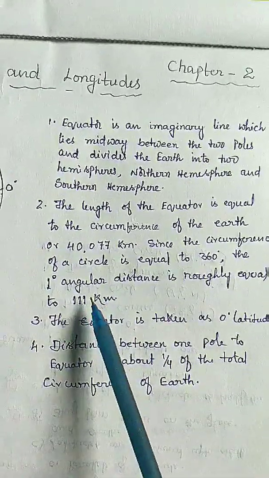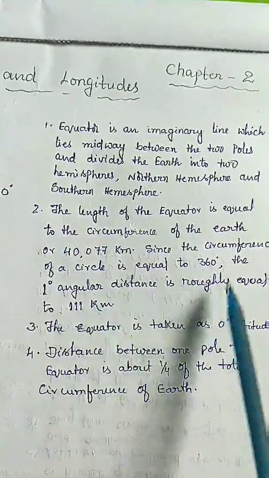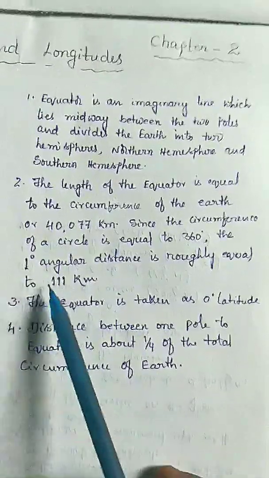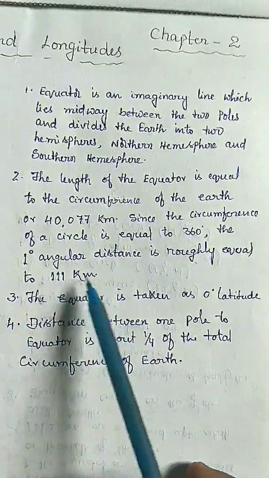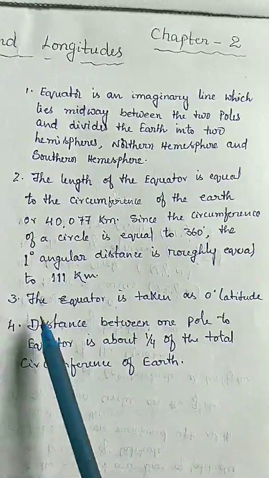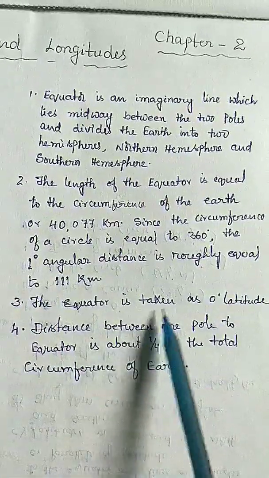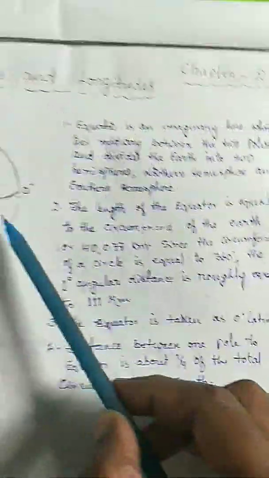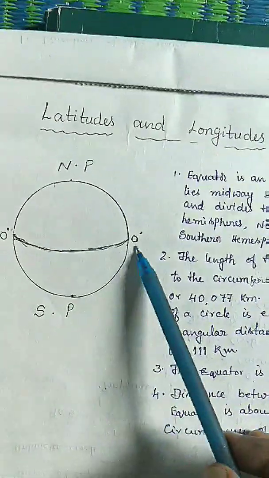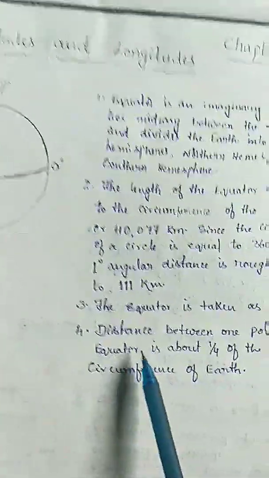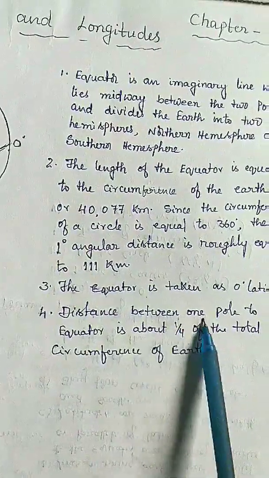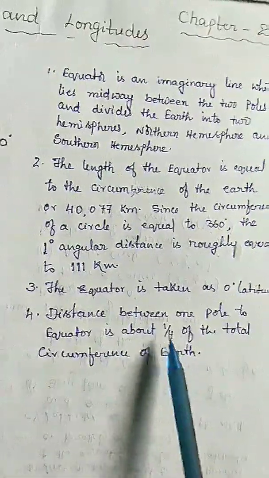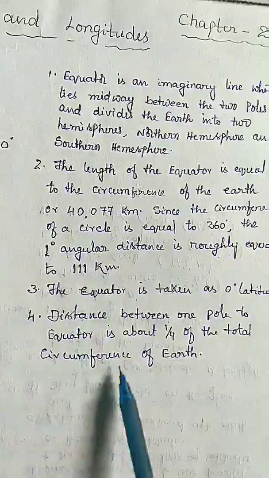When we find distance, we have to use this formula. 1 degree is equal to 111 kilometers. The equator is taken as 0 degree latitude. This is 0 degree latitude. Distance between one pole to equator is about 1/4 of the total circumference of the earth.